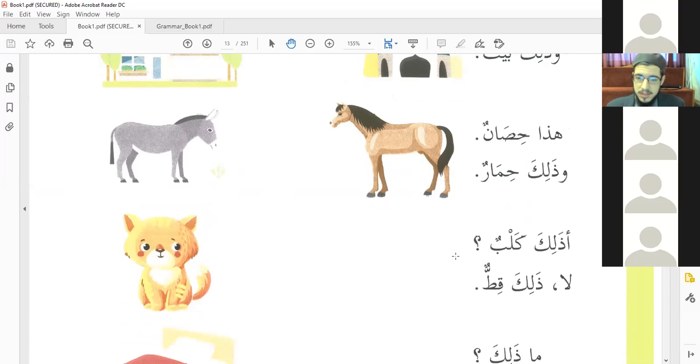Every word in the Arabic language, for the most part, is based off of a 3-letter root word. From that root word, we derive all sorts of words. We derive the noun, the verb, the doer, the receiver of an action, all these sorts of things.